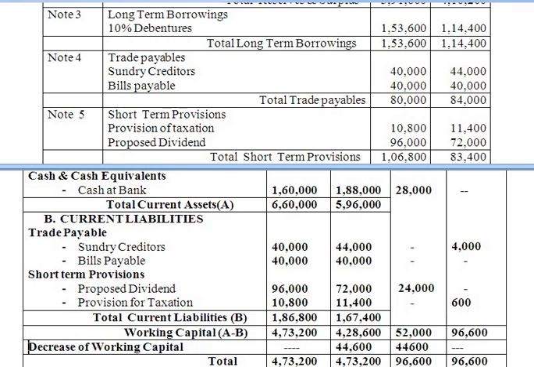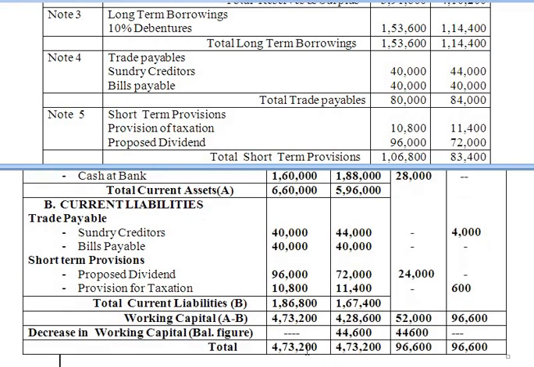How much is the working capital decreased? Okay, the decrease in working capital is the balancing figure of the schedule of changes in working capital, and it will appear in the schedule of changes in working capital.